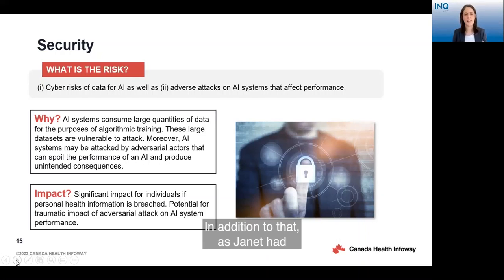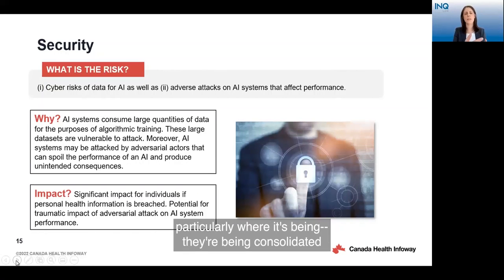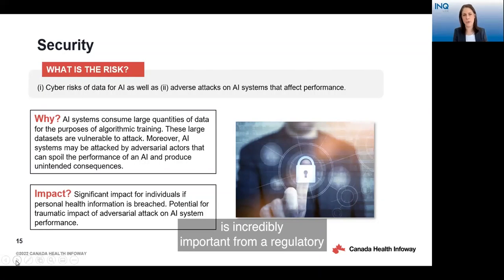In addition to that, as Janet had mentioned, again, very thoughtfully, these systems rely on huge data sets. And so the protection of that data, particularly where they're being consolidated and centralized, protection of that data is incredibly important from a regulatory perspective, from a reputational perspective, from a trust perspective.